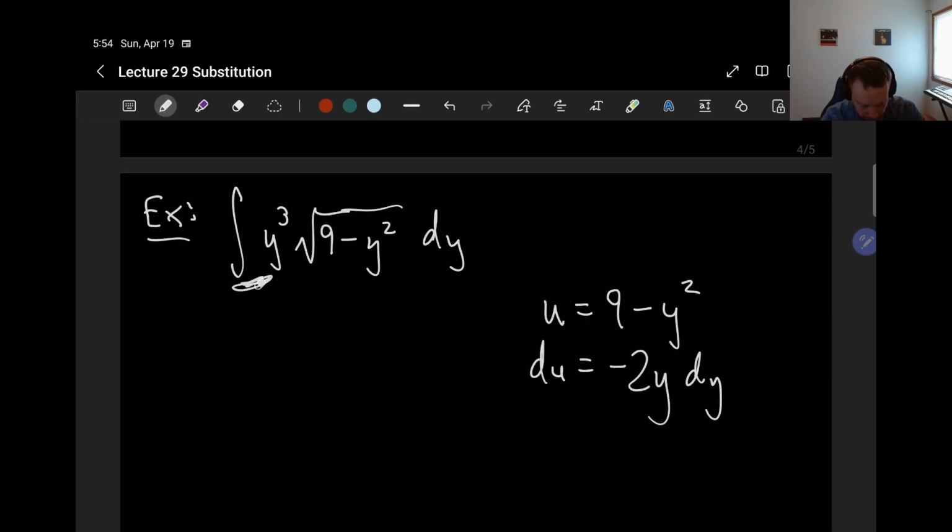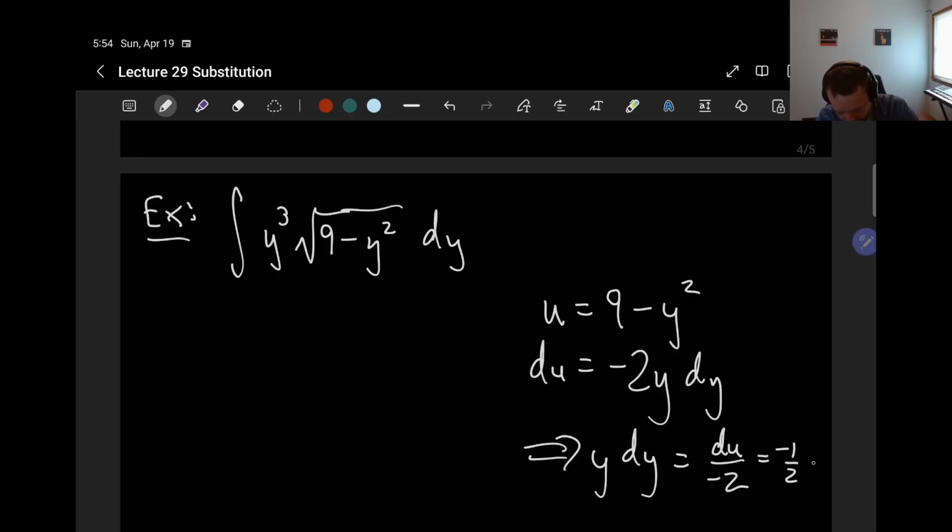Notice there's no times negative 2 out here, so probably going to want to move that over. I want to solve for y dy, or negative 1/2 du.